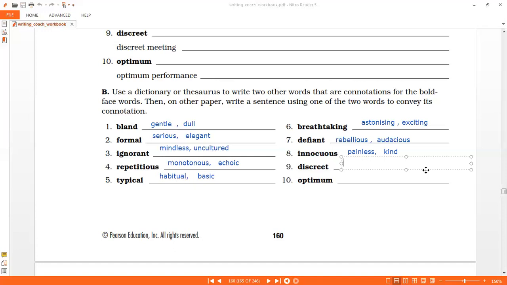Discreet is civil and judicious. And optimum is superlative or highest.